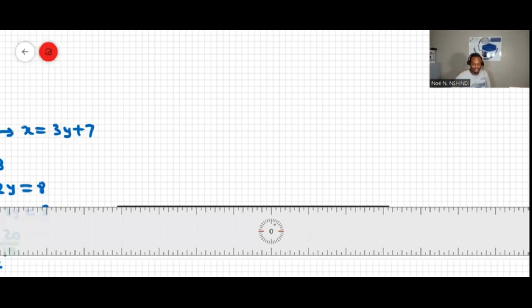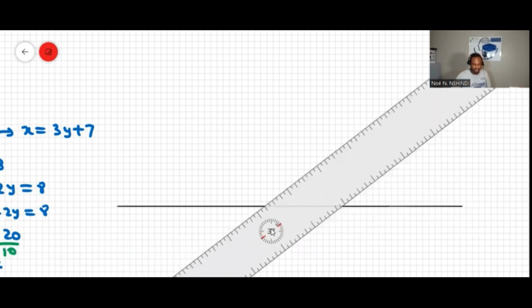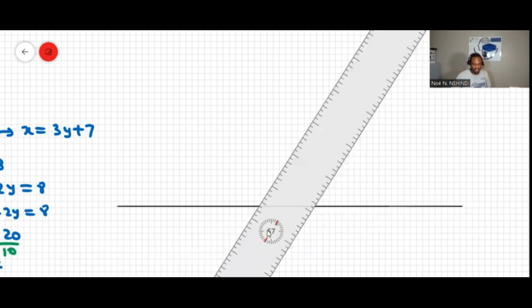This is the x-axis. And then we're going to make also the y-axis, the vertical axis.